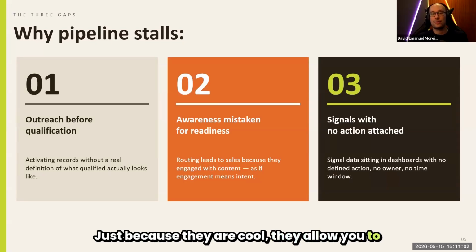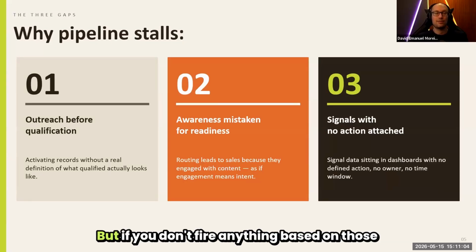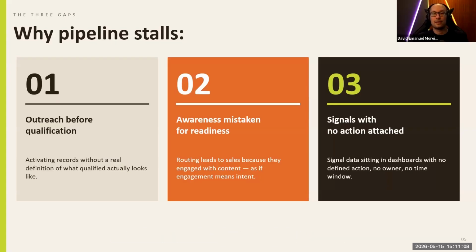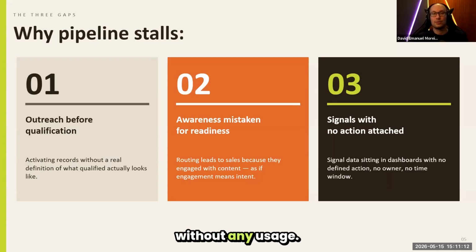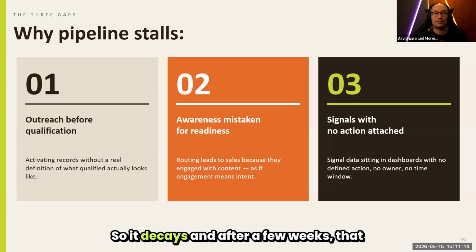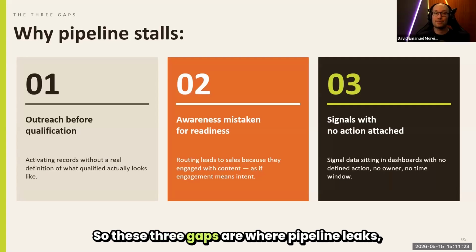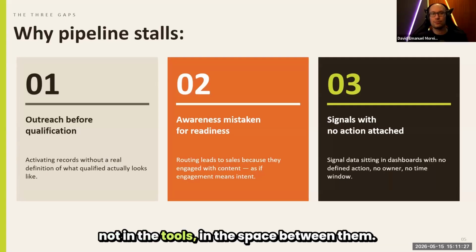They allow you to track signals, but if you don't fire anything based on those signals, that information just lands in your CRM without any usage. So it decays, and after a few weeks, that information is not valuable anymore. So these three gaps are where pipeline leaks, not in the tools, in the space between them.